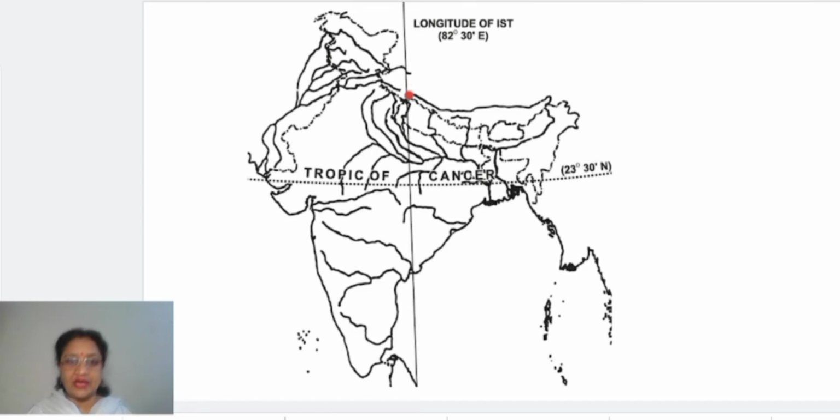For this, children, you have to keep in mind three important things. If you take these 3 points, first you have to mark these 3 points. Once you have done, by free hand you start joining these 3 dots, and that line which you are getting out of it will be the Indian Standard Meridian.